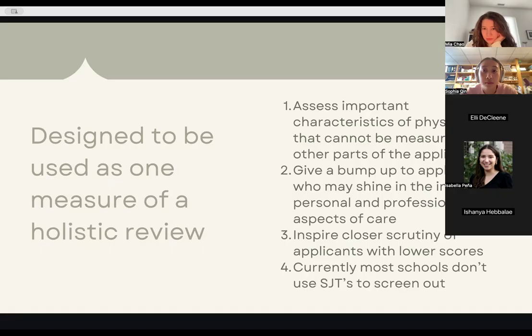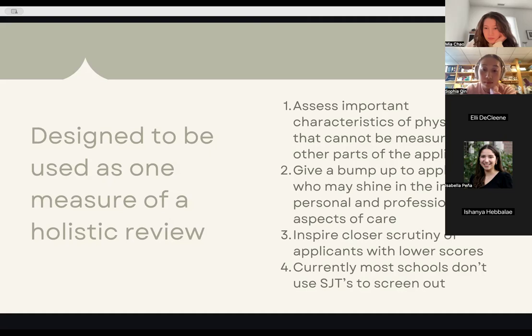The other thing it can do is, we can talk about this more later, but sometimes schools will recommend but not require one of the tests, right? But for those of you that may want to give yourself a little bump up, they can help you in the process. So oftentimes our students do well on these types of tests. And so to show admissions folks just another strong side of you, you may want to think about taking one of them.